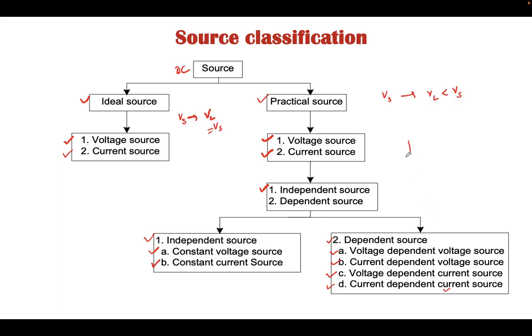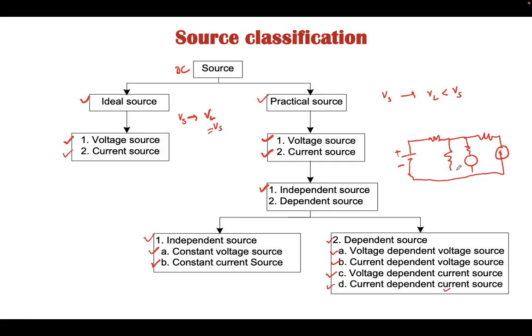Here we can take an example: we have a network with different elements, and corresponding to these elements, suppose we have different sources whose magnitude depends upon any other branch of the network.